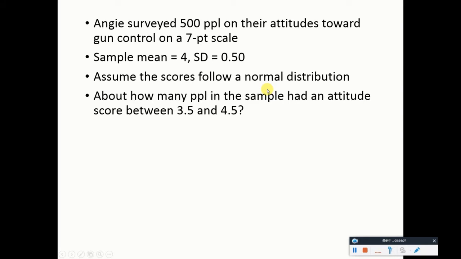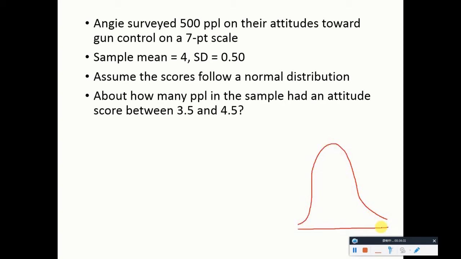I can ask about how many people in the sample had an attitude score that's greater than 3.5 and smaller than 4.5. Given all these conditions, we can roughly plot the distribution.